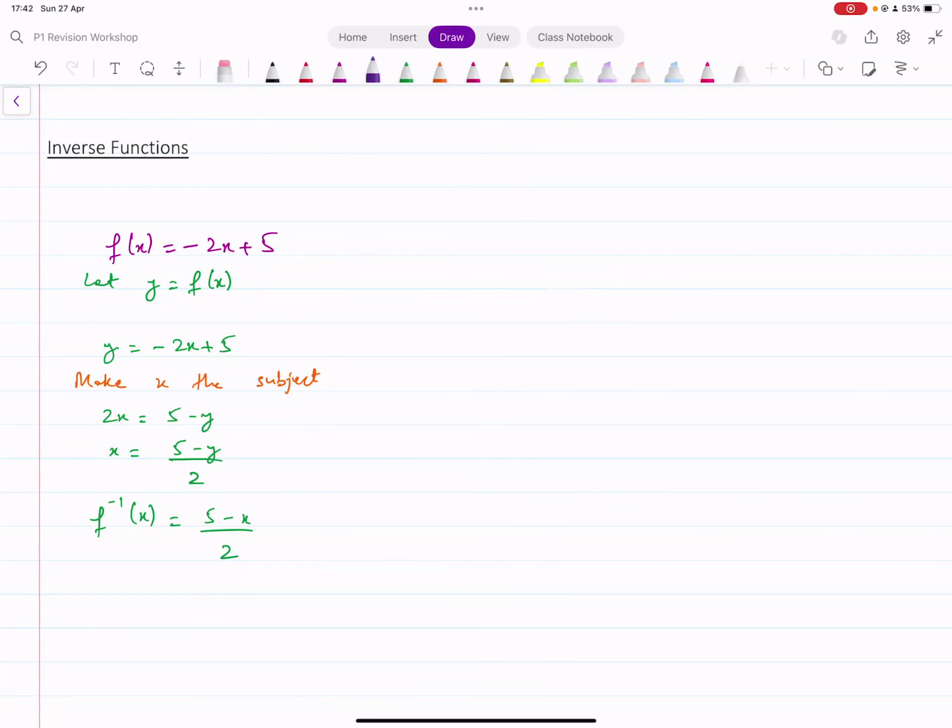Then it becomes y equals minus 2x plus 5. And now you make x the subject. When you make x the subject, eventually all you have to do is replace x with f inverse of x and replace y with x, and you get your inverse function.